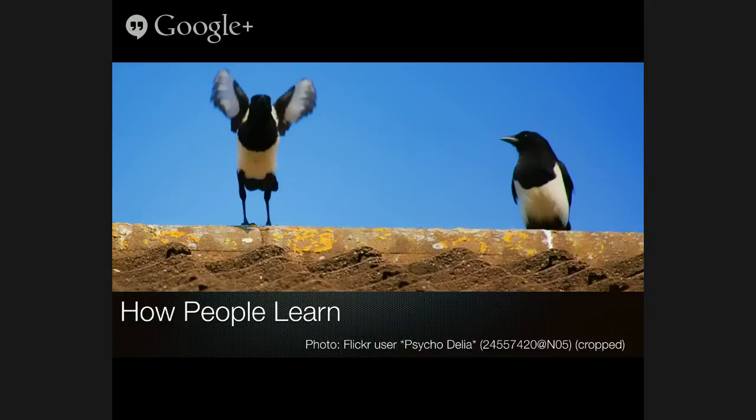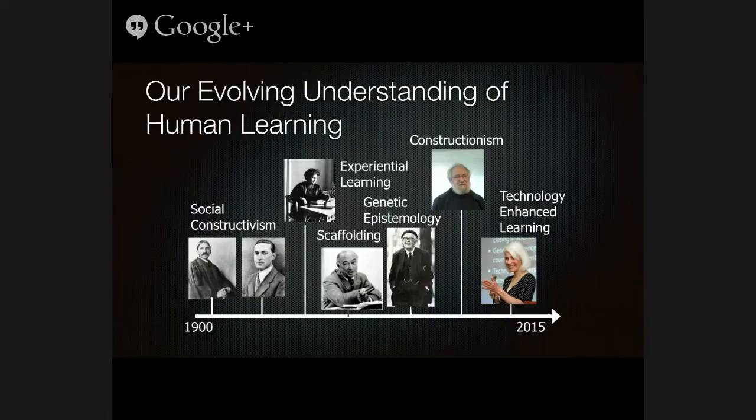So this is interesting, I think, for a number of reasons, but one of them is that our understanding of human learning has really changed a lot over the past century plus. Unlike many of the social sciences which have stagnated a little bit in the 20th century, human learning, like education research, really exploded in the 1900s.